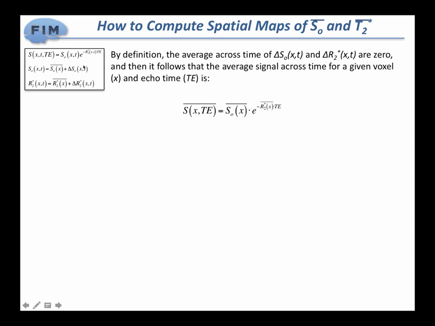Based on those definitions, if I were to look at the mean signal across time for each voxel at a given echo, which is basically this guy across time, given that these guys have a mean of 0, if you just separate those things, it simplifies to this. So basically the mean signal across time. For those of you familiar with AFNI, that's 3dTstat -mean, and it will give you the mean across time. It's equal to the mean S0 signal multiplied by the exponential of the mean R2* times TE.